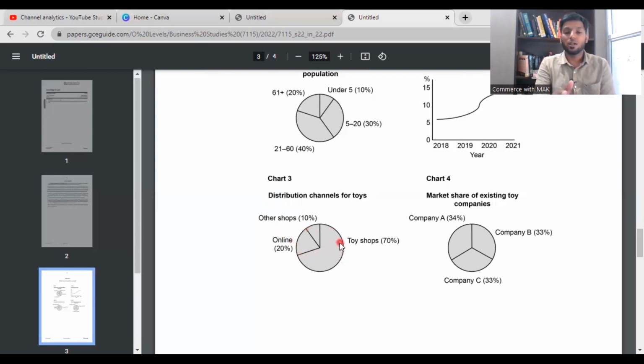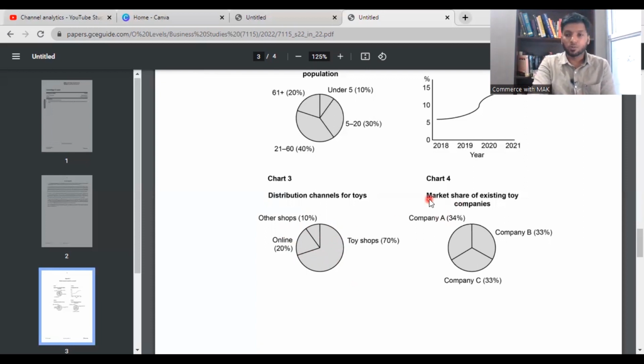So toy shops are high, and you can easily sell directly through them. The amount you need to invest in toy shops will be very high, because you need a physical location, unlike online, but customers in country Z don't consider online or other shops that much.